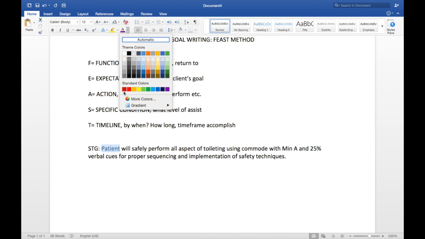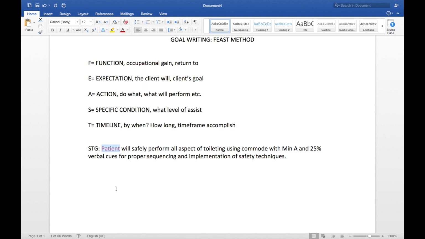Okay, and let's make this red so this stands out. So key terms, key phrases that you would use is you can use patient like I did. You can use client, resident. Some facilities may allow you to say Mr. Jones, use a patient's last name.